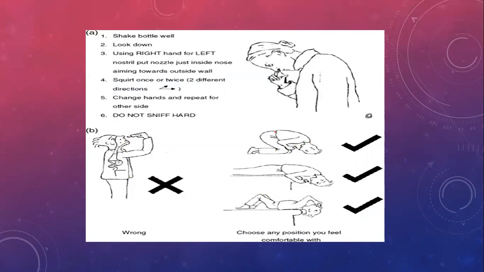Okay, either position you can select according to your comfort level. Same as the other procedure, before taking the medications, you have to shake the bottle very well and look down. Using the right hand for the left nostril, contralateral hands can be used.